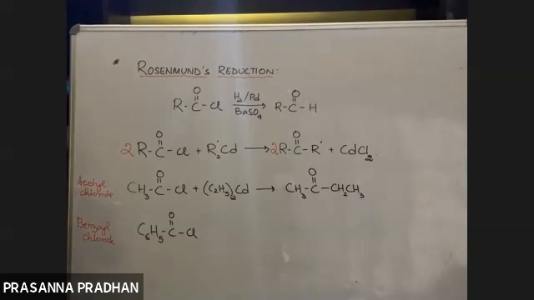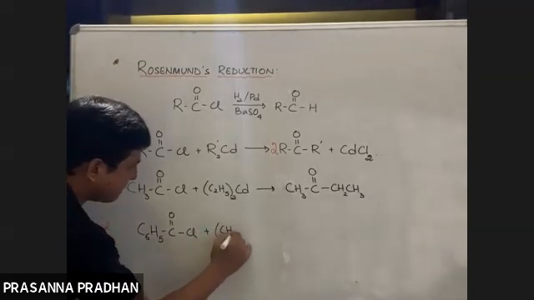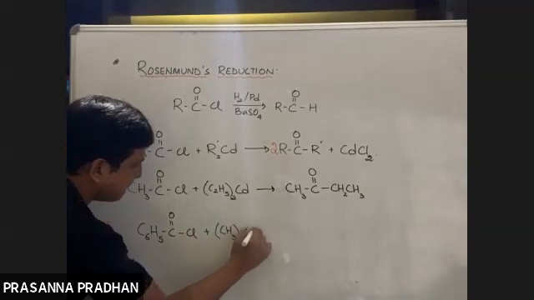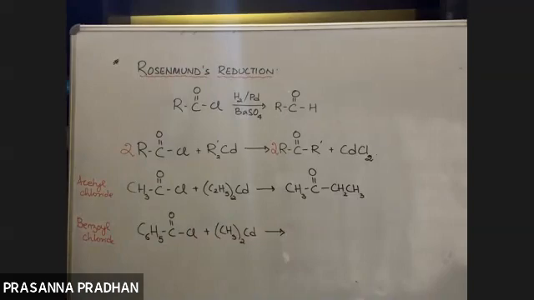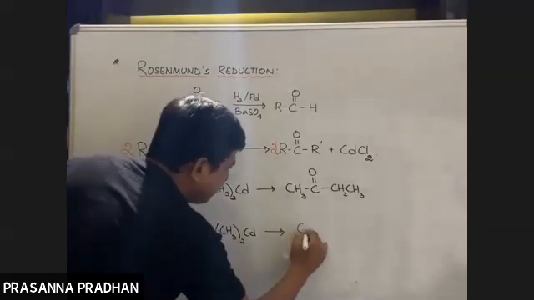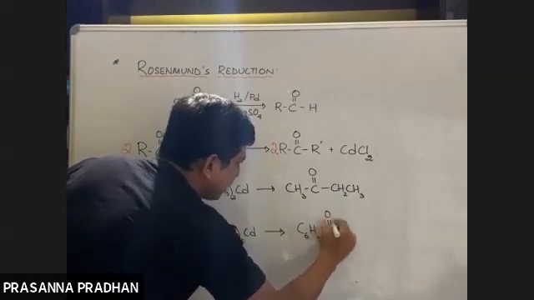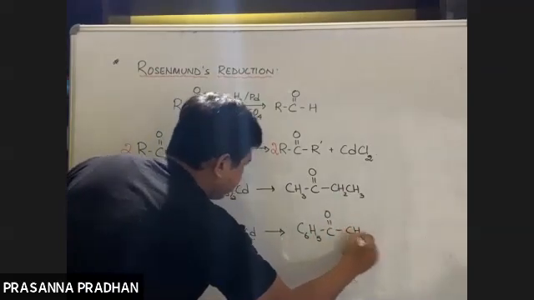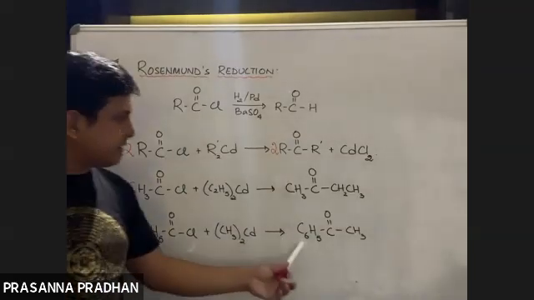So when benzoyl chloride is treated with dialkyl cadmium, for example, dimethyl cadmium, what is the corresponding ketone we get? C6H5CO, and one alkyl group comes from the dialkyl cadmium, that is just CH3 in this case. So what is the name of this compound?